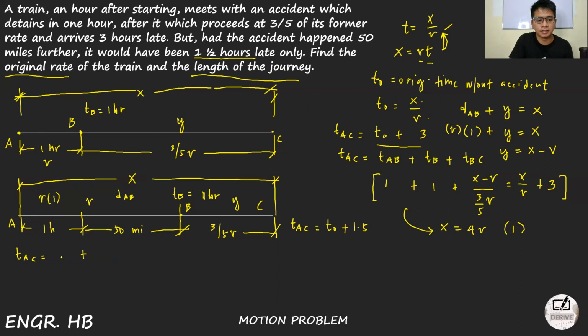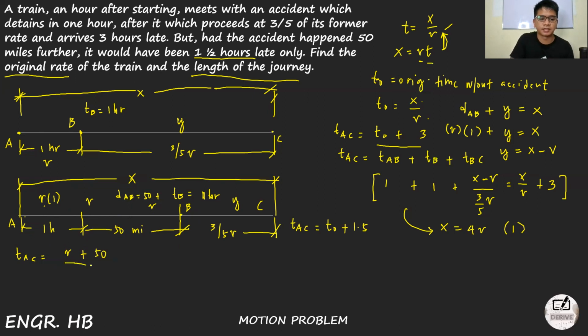So that will become V. Ang total distance ng DAB is V plus 50, kasi ito yun eh, A to B. Nagkataon lang kasi na 1 hour lang, kaya pag V times 1 is V pa rin. So that will become V plus 50. So that will become your distance AB.